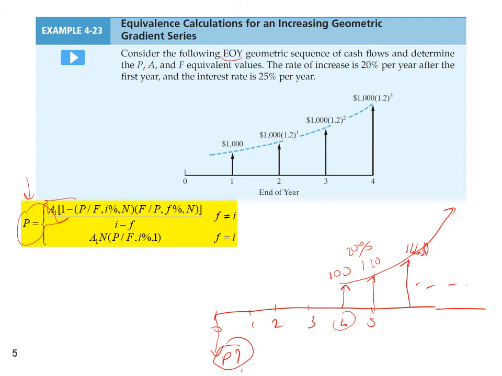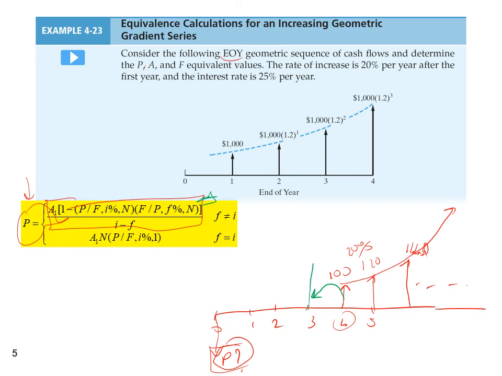If you just use this formula over here, you will not find the present value at time 0. So it's important for you to know which present value you are finding using this formula. If you use that formula, you can calculate the present value 1 period before the first payment of the geometric series.